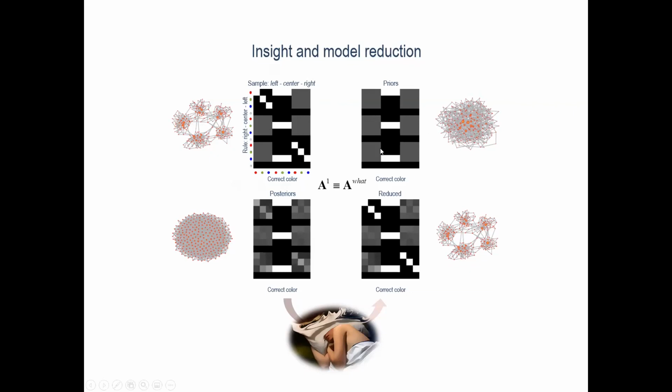Here are the priors, and here, after the 12th observation, are the posteriors without and with this sleep-like Bayesian model selection, under the hyperprior that the likelihood mapping has a sparsity structure that is like a rule. And you can see immediately that the benefits are there, with exactly the same information.